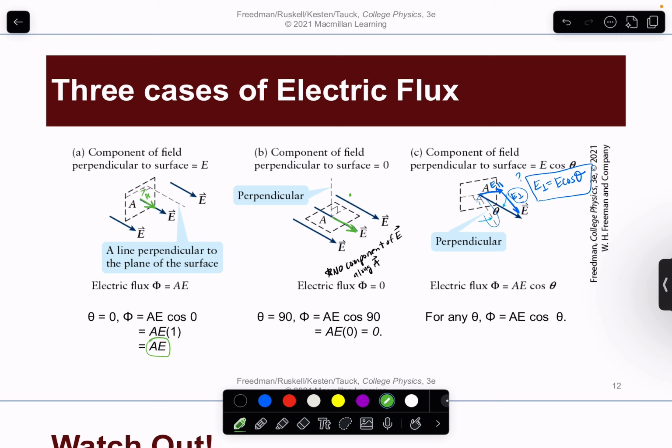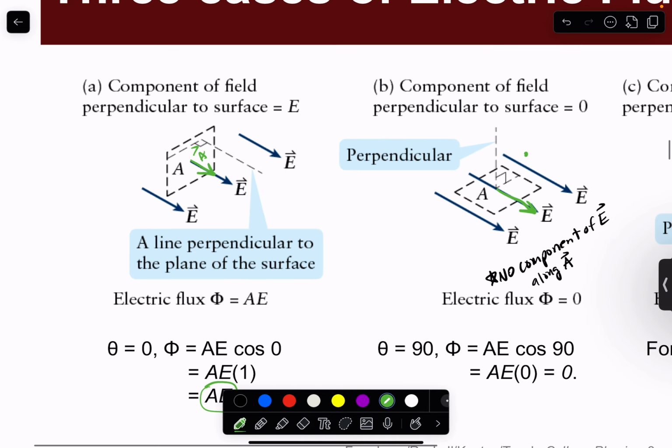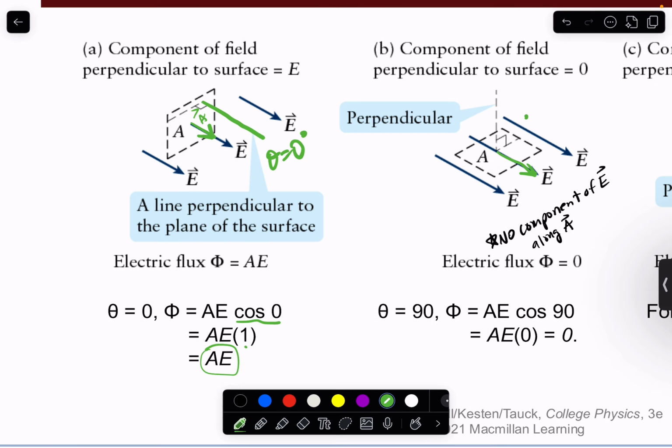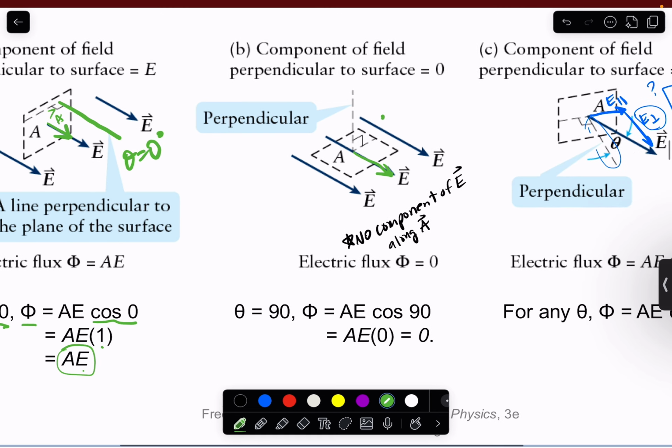And you're going to see, in case number one, when the area vector, which remember is the perpendicular to the area, is in the same direction as E, theta is 0. Cosine of 0 is 1, and we're left with the flux. Theta is 0, Phi is A E, and the total flux is A E. And now what if the electric field just glides over the surface of the area?